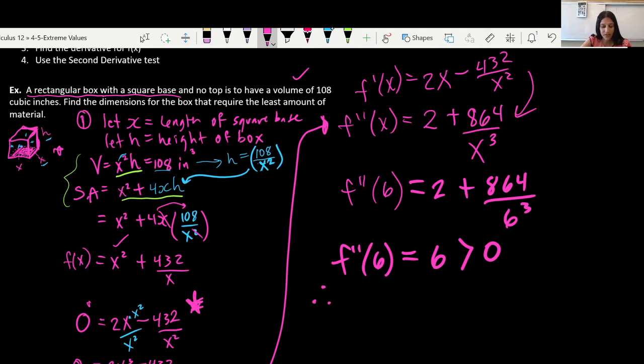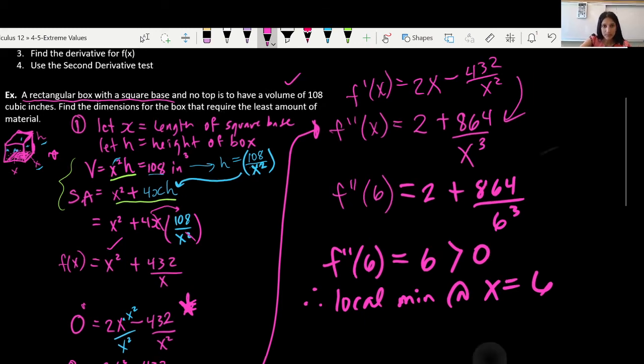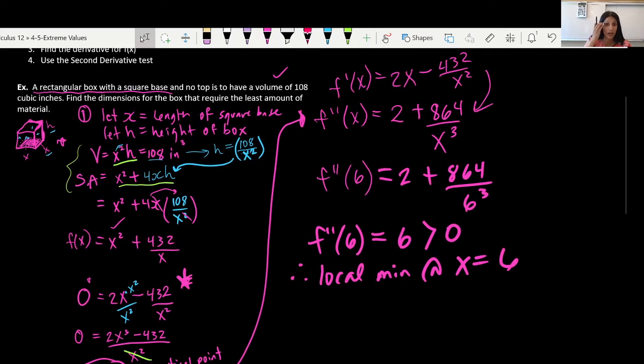So if it's greater than 0, we know we have a local minimum at x equals 6, because if the second derivative is greater than 0, that tells us that it's concave up, which ends up meaning that it's a minimum. So this is, again, taking and applying and putting together all the stuff that we've done so far. Okay, and we were looking for the least amount of material, so we're doing well. We're on our way to finding that.